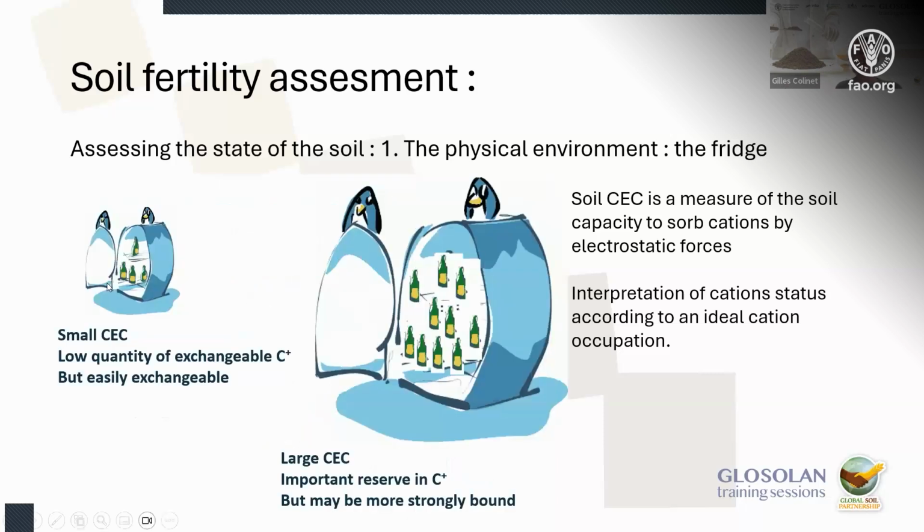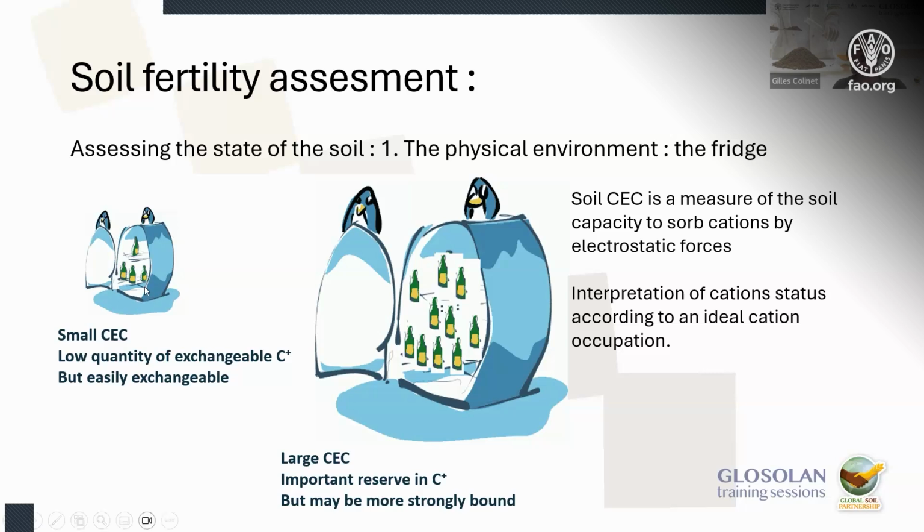You can have a small fridge, small CEC, or you can have a large fridge, large CEC. The larger it is, the more nutrients you can store, and the smaller it is, of course, the smaller the quantity of nutrients you can store.